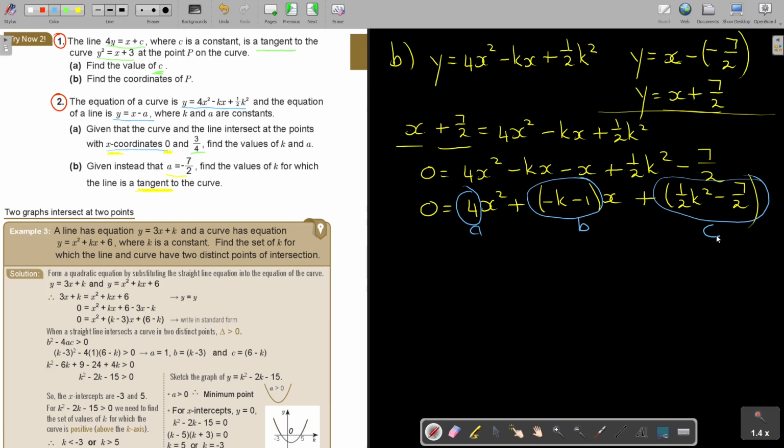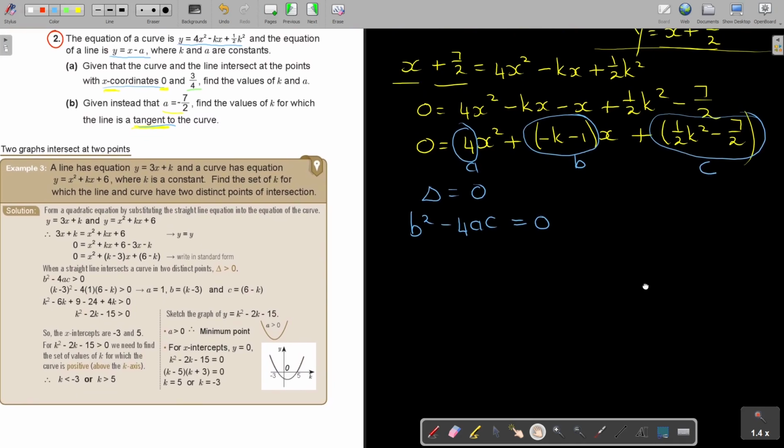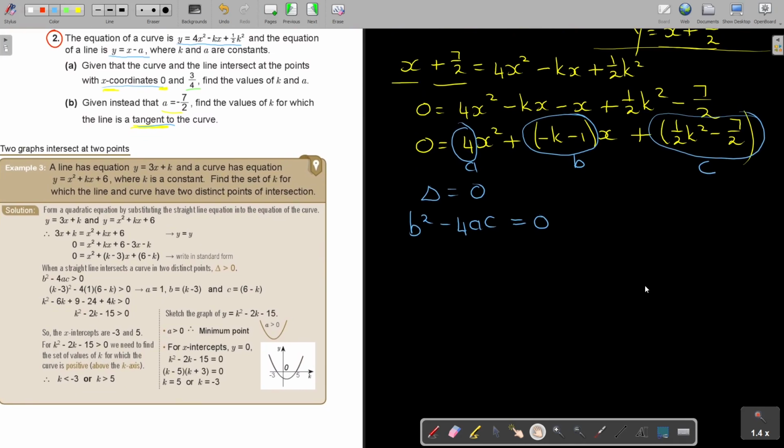So I'm going to start by saying, a tangent, then the discriminant is equal to 0. So b squared minus 4ac is equal to 0. Okay, so basically I'm just going to substitute.